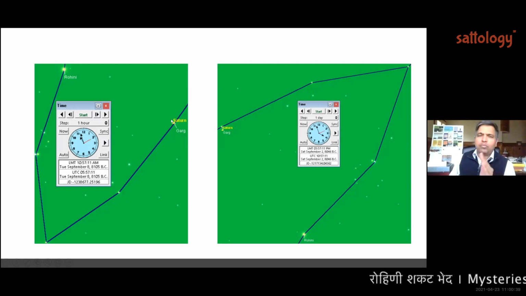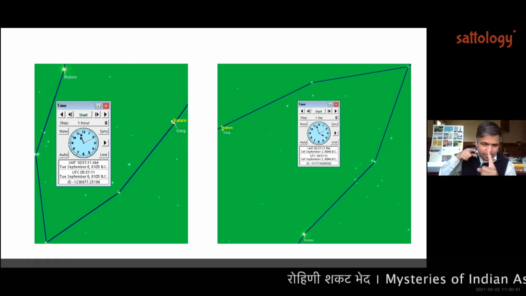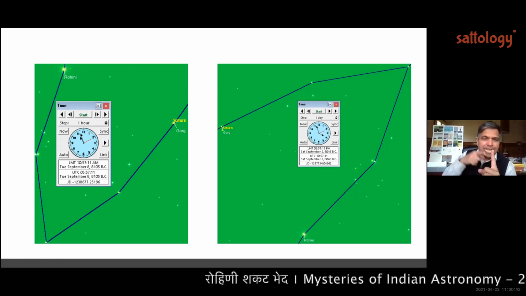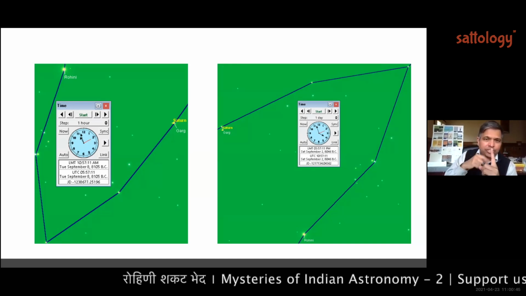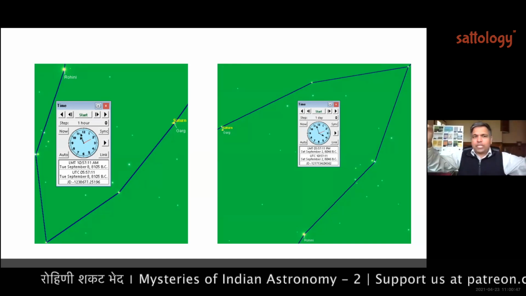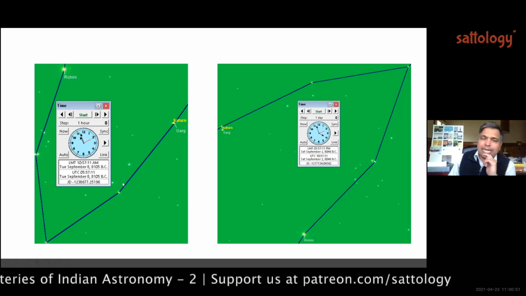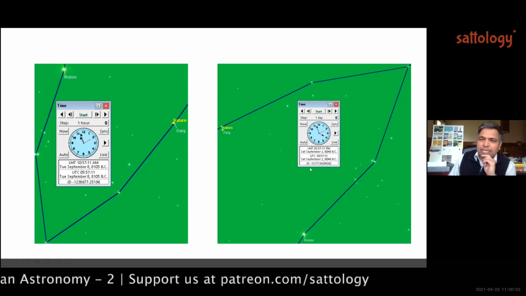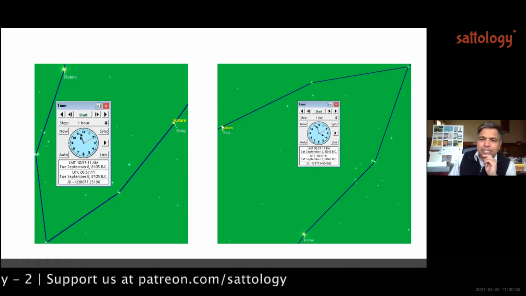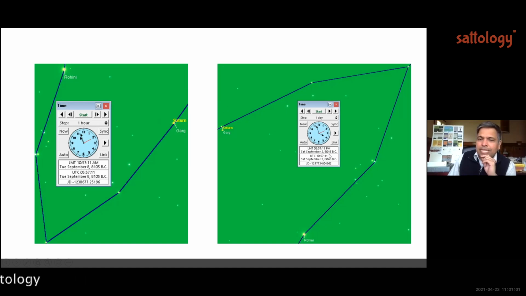And even if it's on the blue line, that is also Shakata Bhed, because it pierced, it hit, it touched the Shakata. And the Shakata begins with a Garga star and Rohini star. So that happened once in 8105 BC. And you see another instance here, you can see Saturn clearly inside the blue compared to here. Again, this one in 8046 BCE.